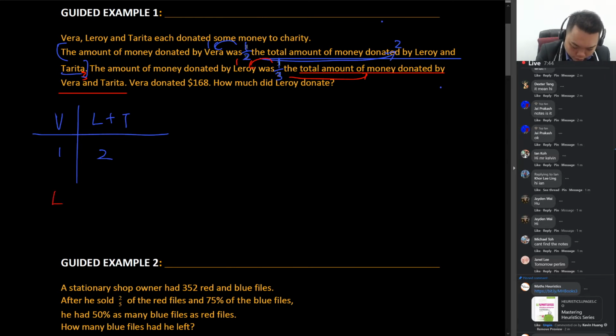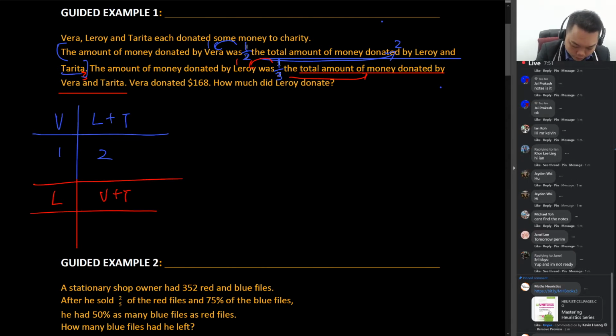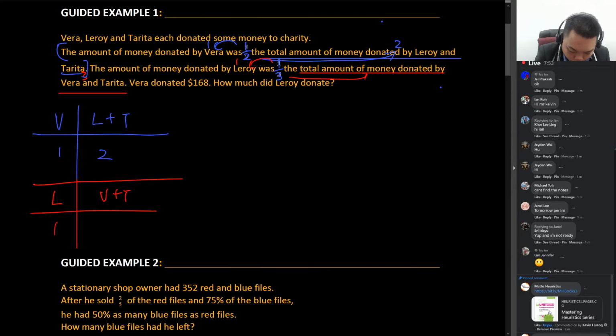And between Leroy and Vera and Tarita, Leroy donated 1 red block, while Vera and Tarita donated 3 red blocks here.